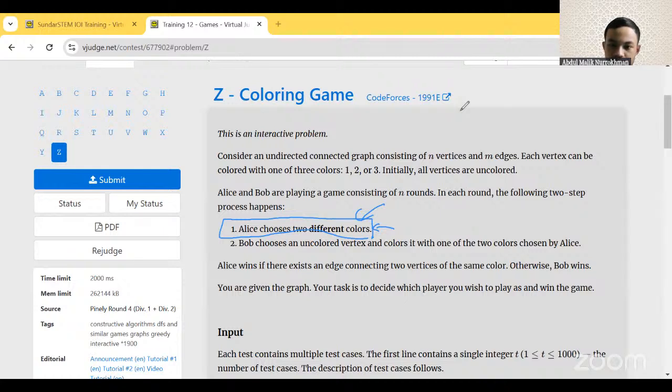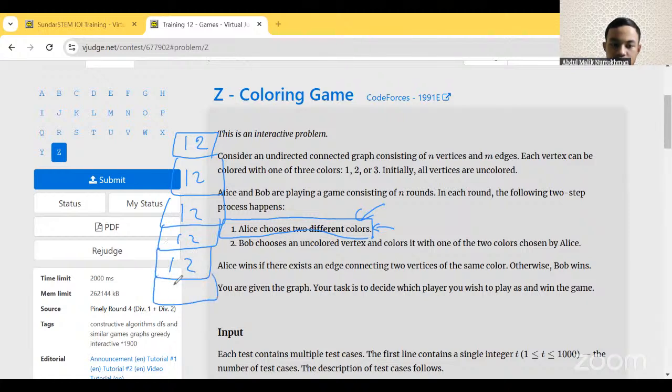So as I already mentioned in the last chat, the strategy for Alice is to choose the same 2 colors. Let's always choose color 1 and color 2. In every Alice turn, she always chooses color 1 and 2.